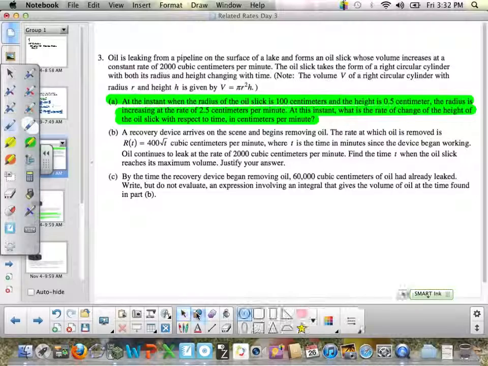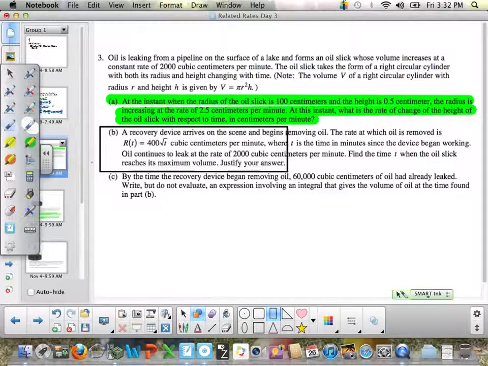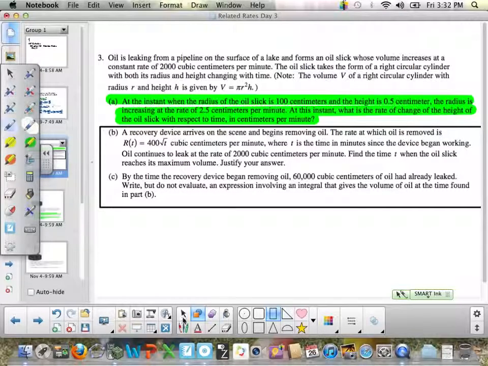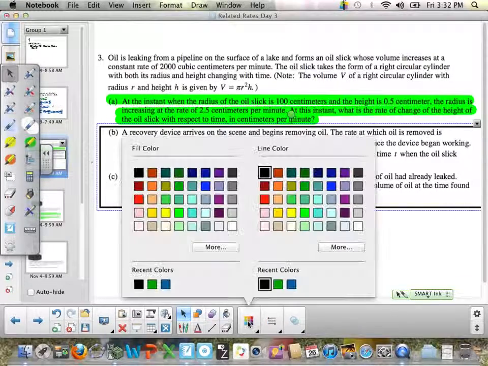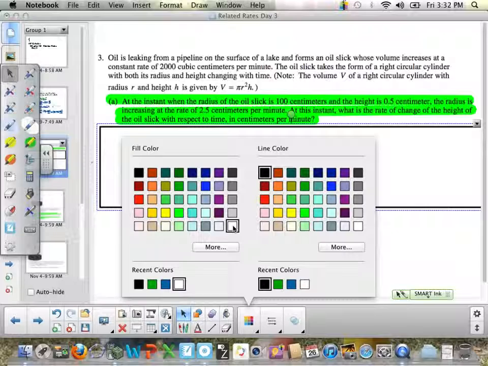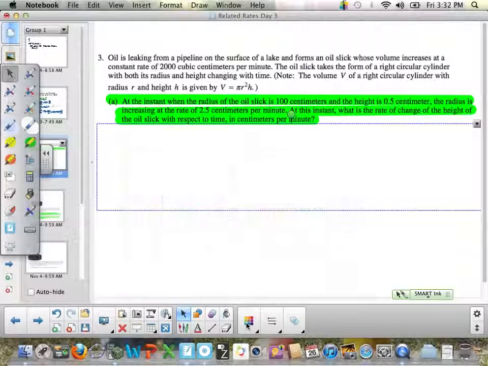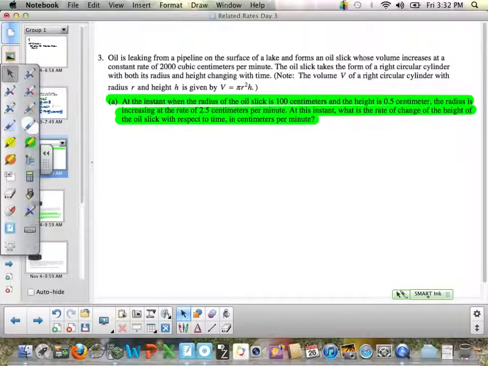All right. First off, let me cover up all this stuff that we're not going to look at. So write what we know and write what we don't know, or write what we're looking for.